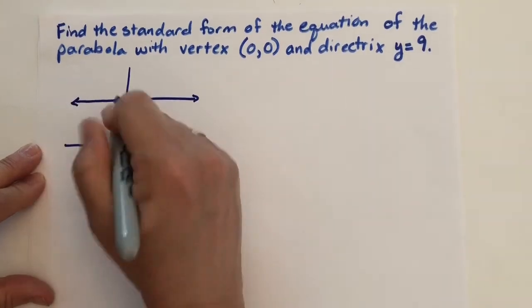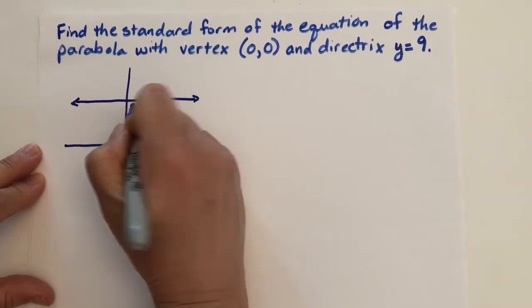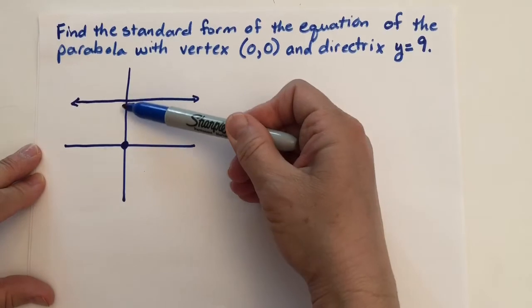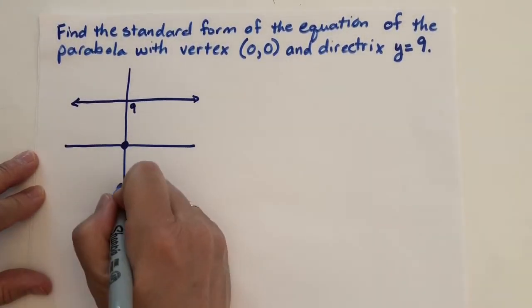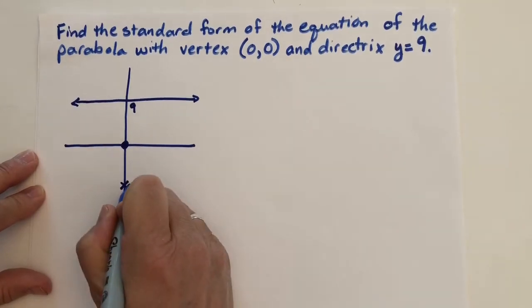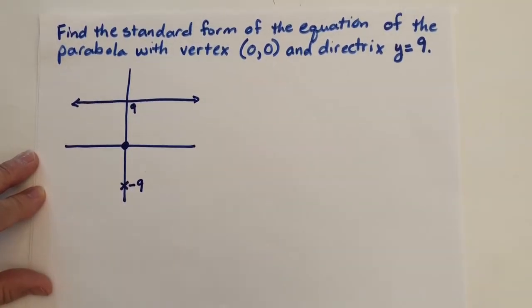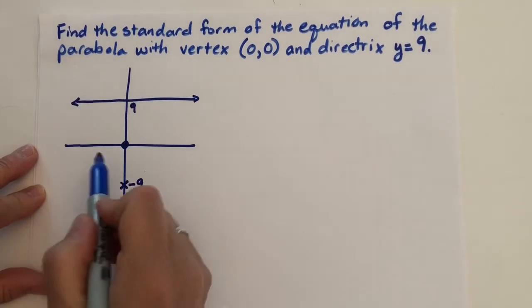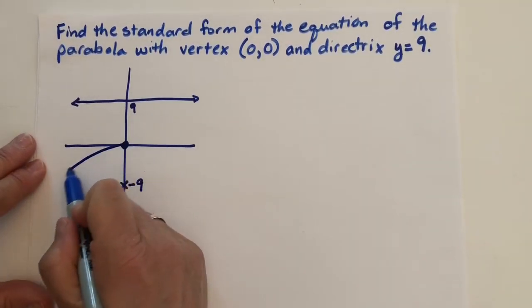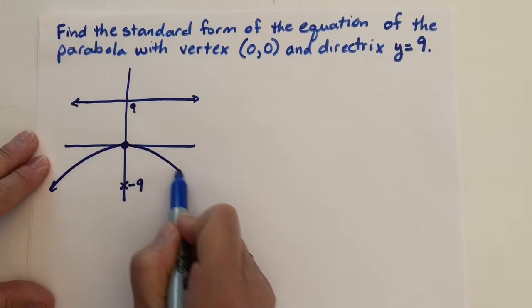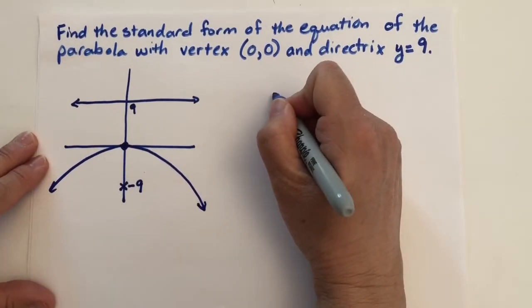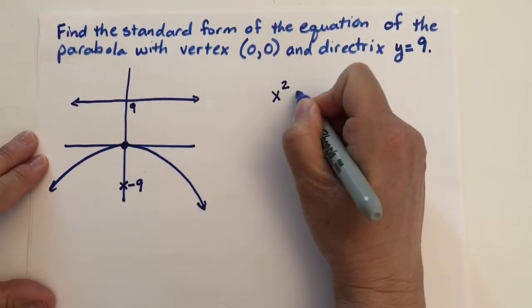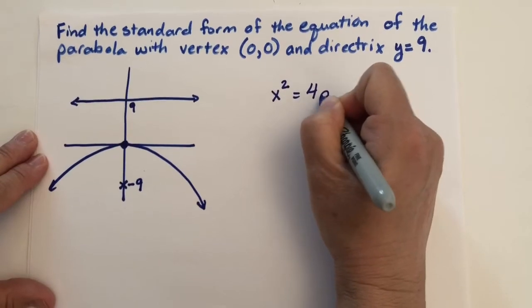Remember, the focus is on the opposite side of the vertex, so the focus is actually down here at -9. So the parabola opens down this way. Since we have a parabola that's opening down, we know it is this type of an equation, x squared equals 4py.